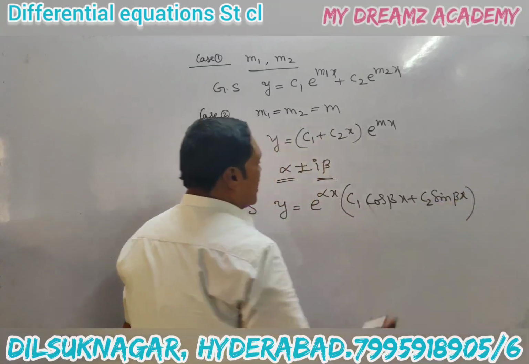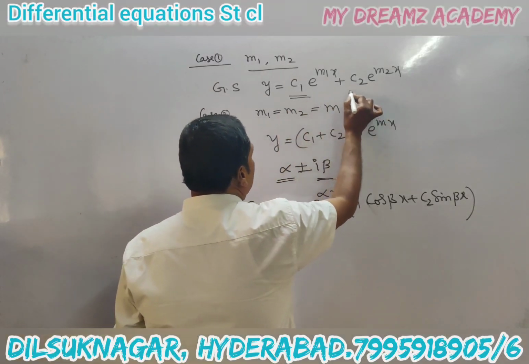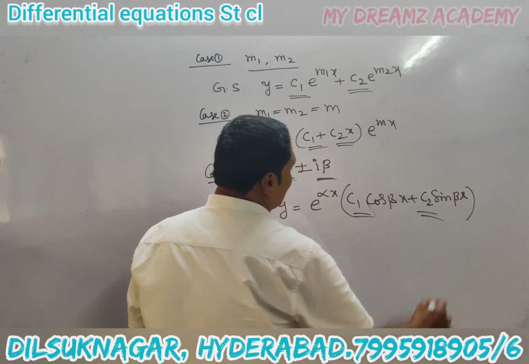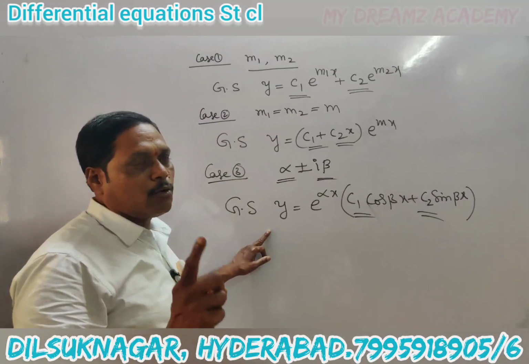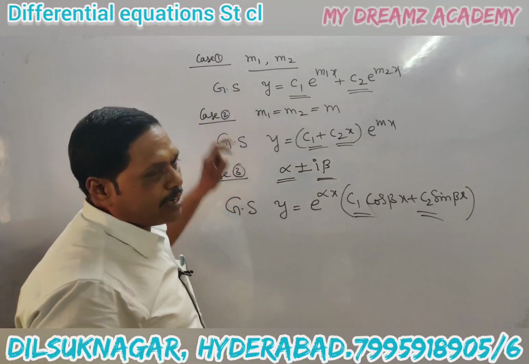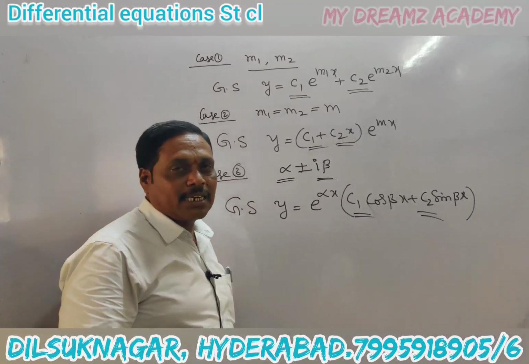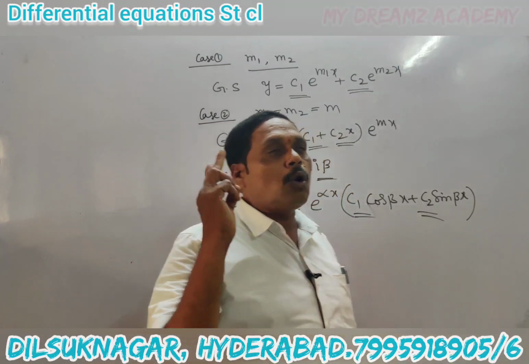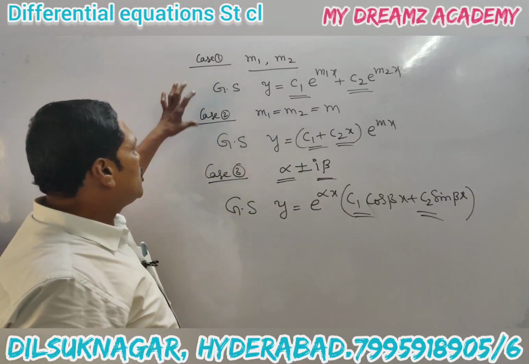For second order you must write it compulsorily in terms of 2 arbitrary constants, c1, c2. Why? Because the number of arbitrary constants in the general solution is equal to the order of the given differential equation. Here we are solving a second order differential equation, order is 2, therefore you will get 2 arbitrary constants. These are the formulas you have to remember.